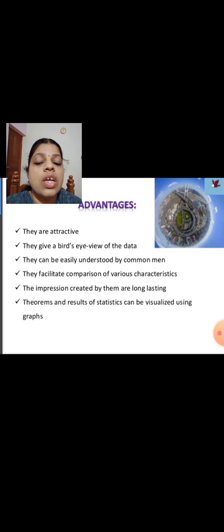The next one, the impression created by them is long lasting. Children, we know that diagrams are always impressive, and that impression also lasts long. The next one, the theorems and the results of the statistics can be visualized using graphs.